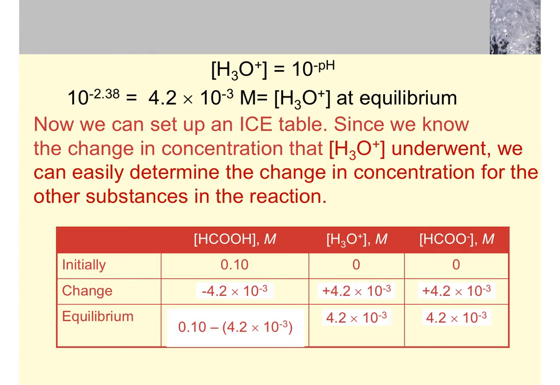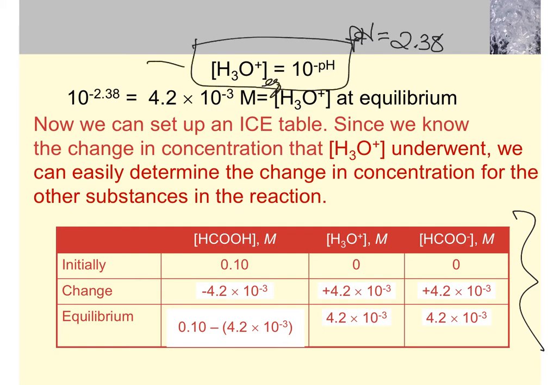All right, so in our ice table, we make use of the pH value they gave us. If you look back in that question, they said that pH equals 2.38. And so finding the equilibrium hydronium ion concentration from that, we go back to our reverse equation using pH itself for hydronium ion.